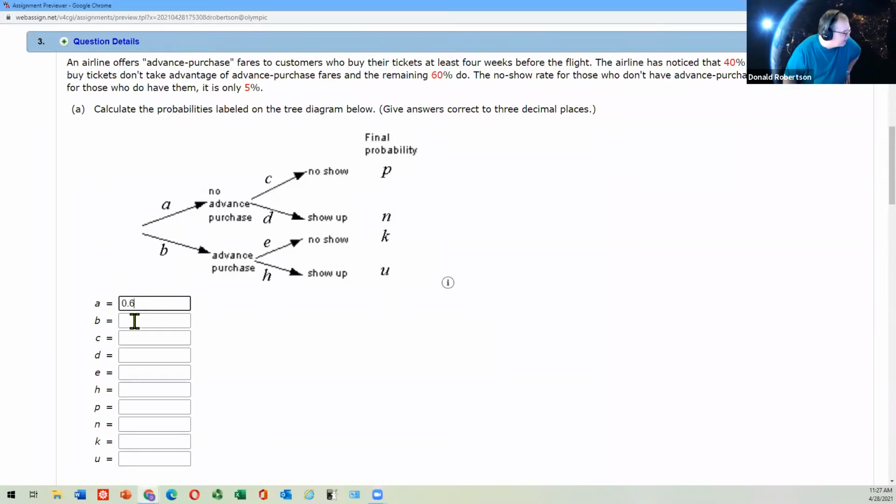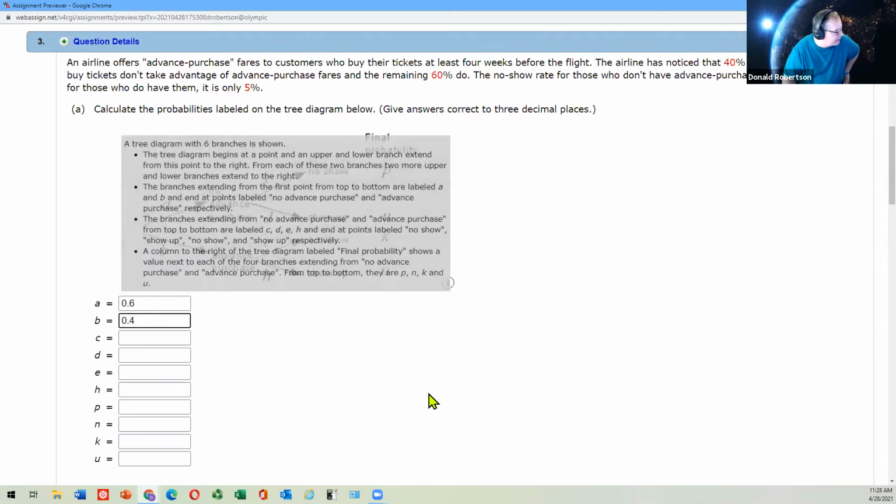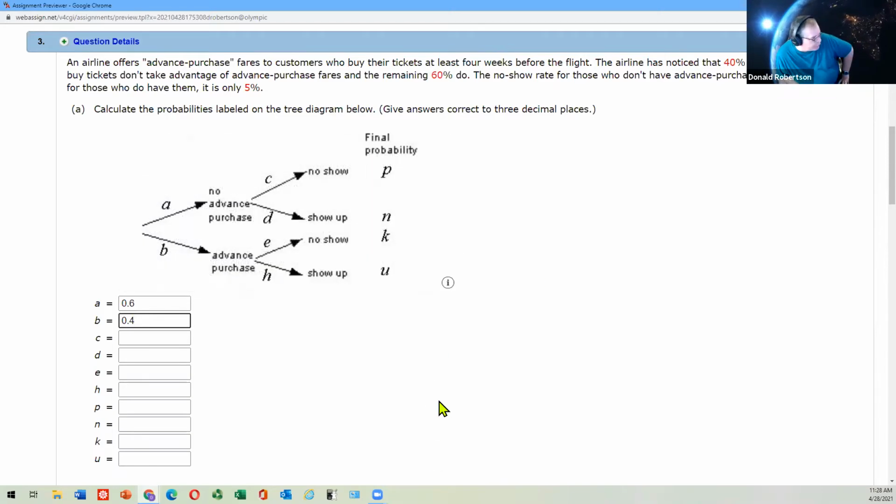So I'd put 0.6 here, and I'd be putting 0.4 there. Right, and do you see that guy that I'm calling P? They call PN. Who knows why they called them those letters? Let's pick U. U is an advanced purchase and a show up.